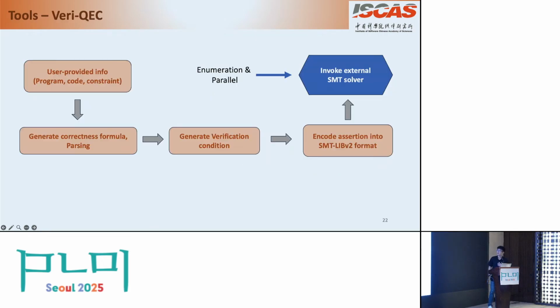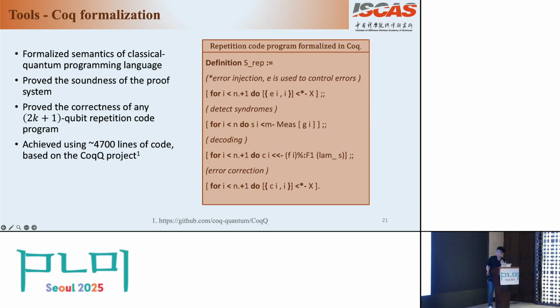In my opinion, and in the experiments we have conducted, we find that the Coq proof system is great at verifying some parameterized programs. But the question lies in that in QEC programs, you have to call the decoders, which are indeed some classical algorithms, for example, the Blossom algorithm for MWPM decoders.